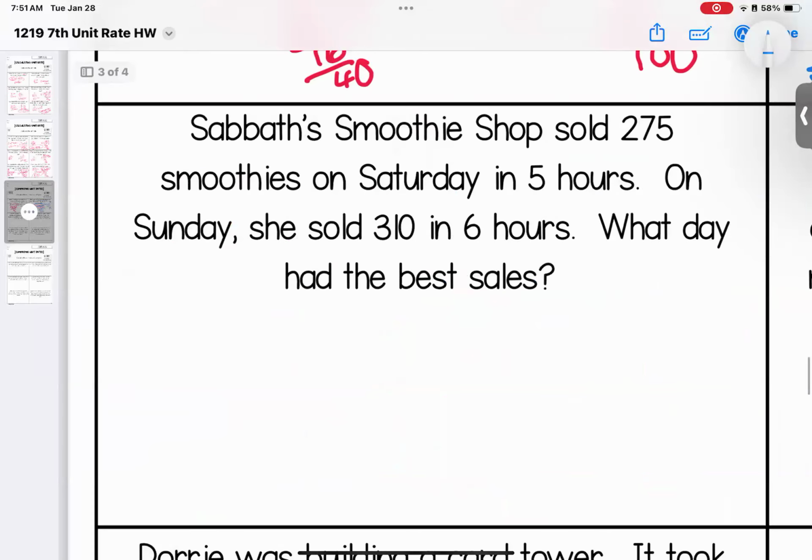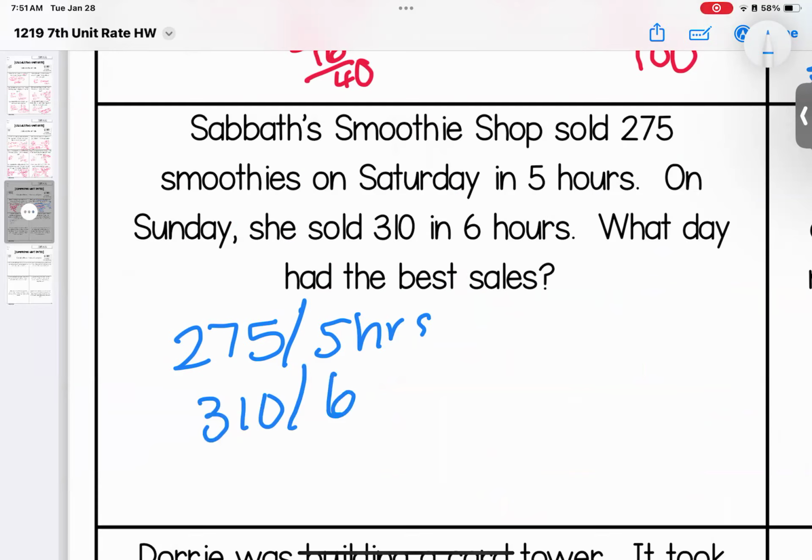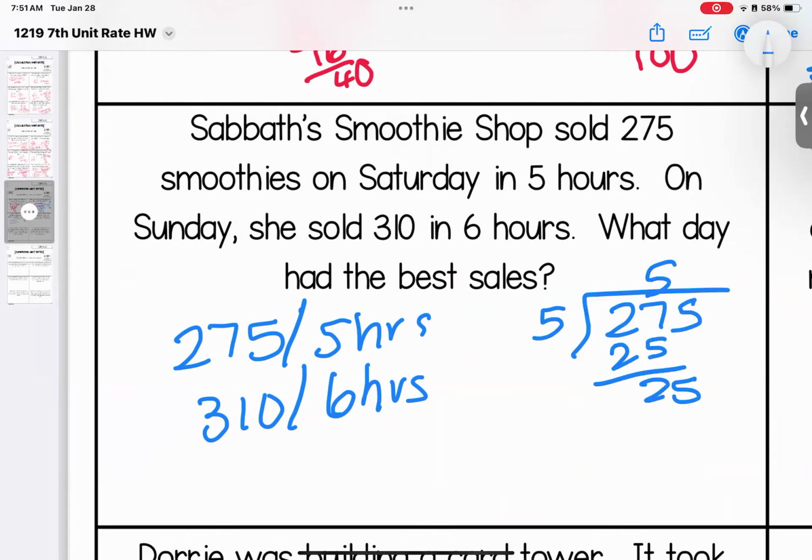All right, Sabbath Smoothie Shop sold 275 smoothies on a Saturday in 5 hours. On Sunday, she sold 310 in 6 hours. What day had the best sales? So 275 by 5. 5 times 5 is 25. So 55 per hour.